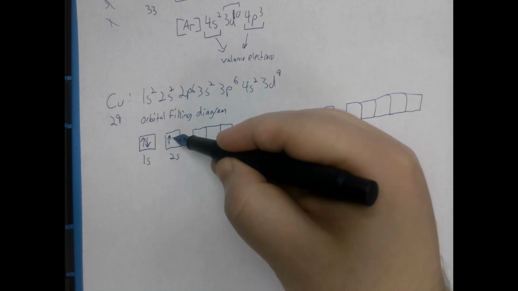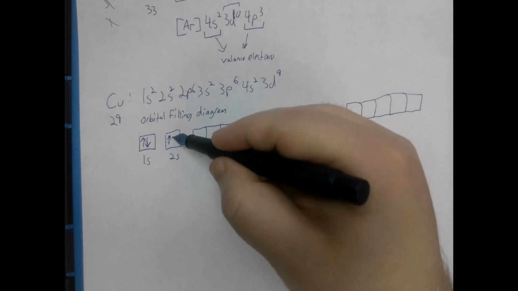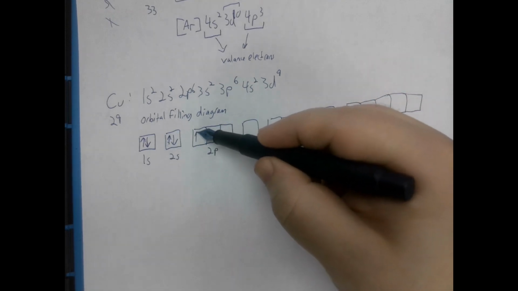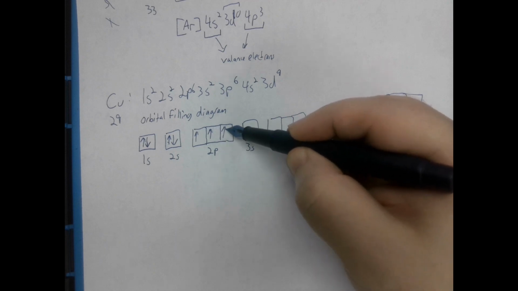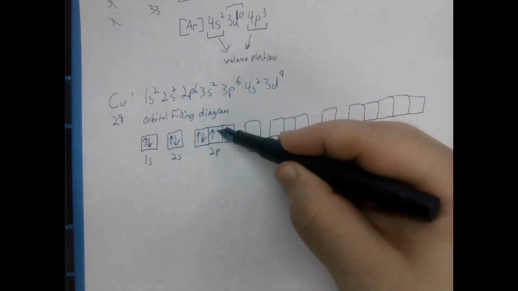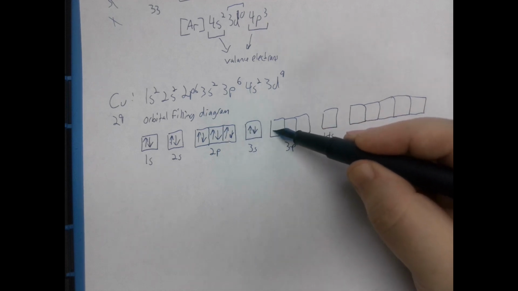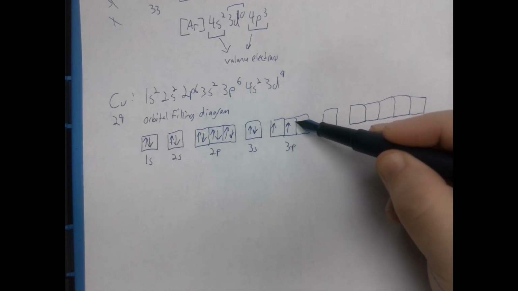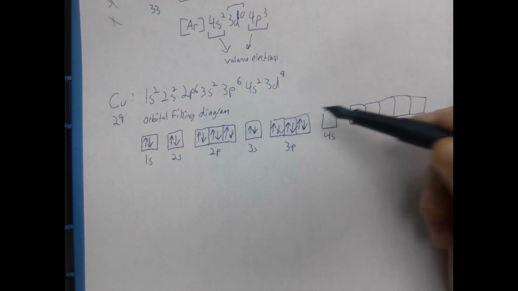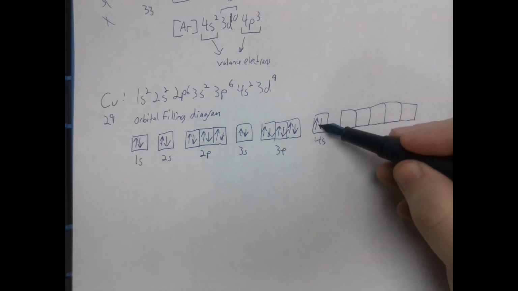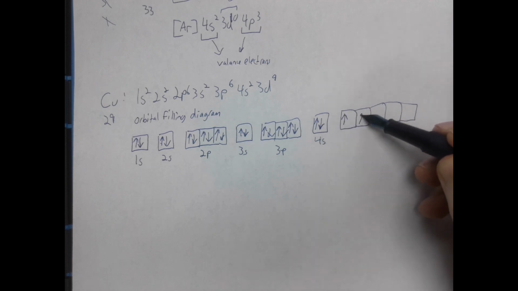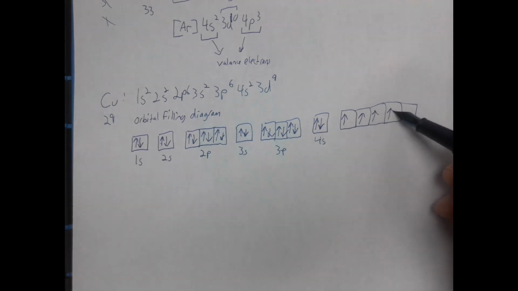So filling it out, we'll do each subshell first. Then we do ups. Then we do downs. Starting with the lowest energy first. And there should be only 9 in this one.